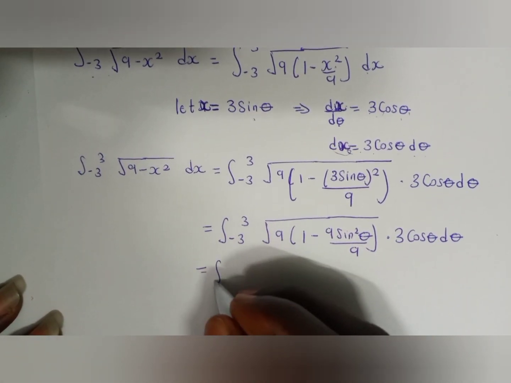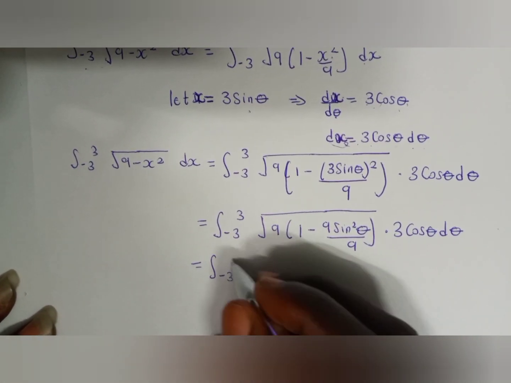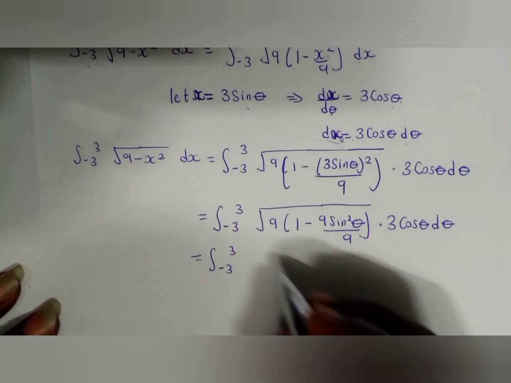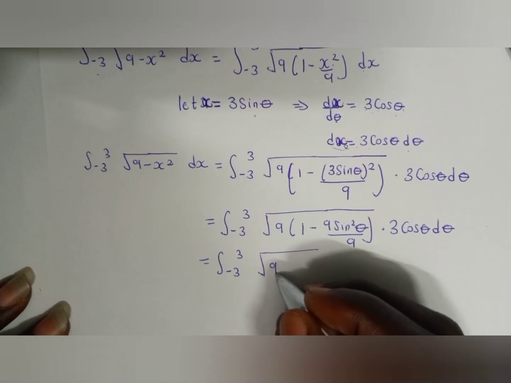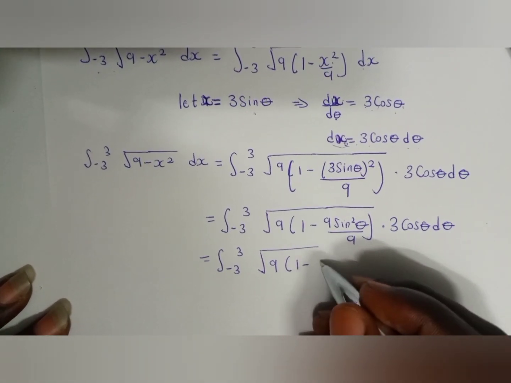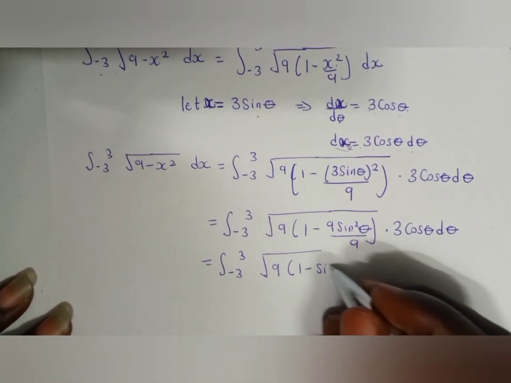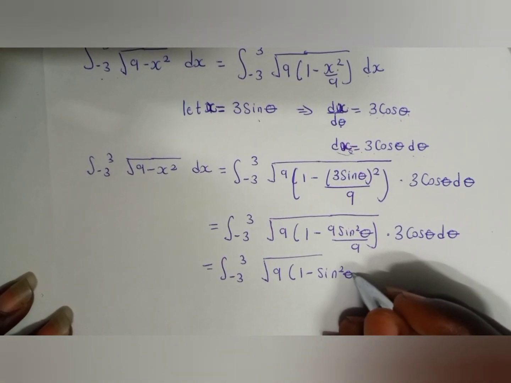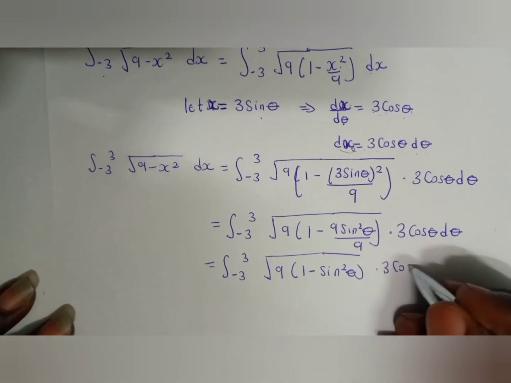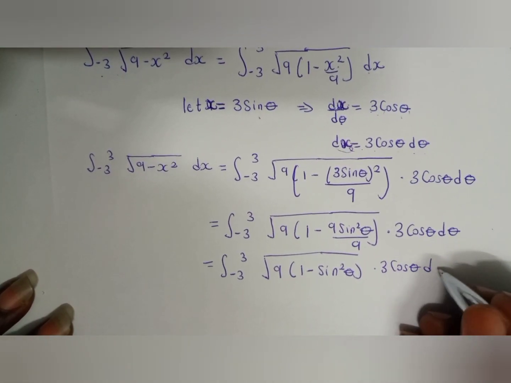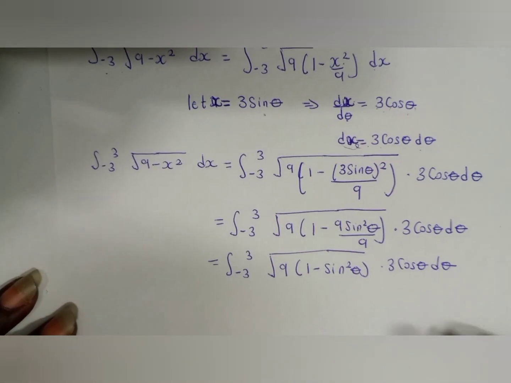Okay, so we have the integral of negative 3 to 3 of root of 9 into bracket 1 minus sine squared theta times 3 cos theta d theta.